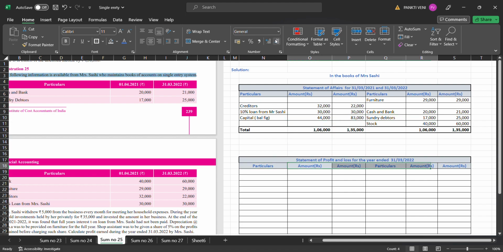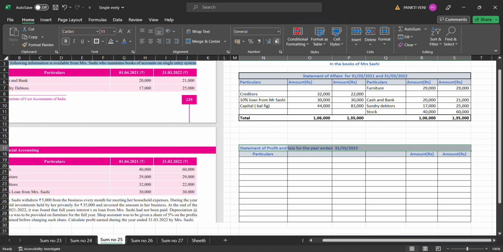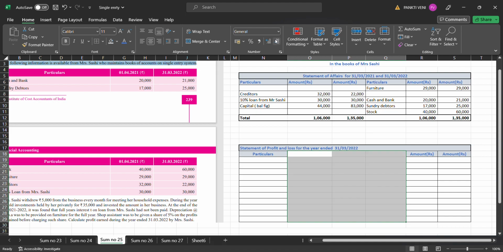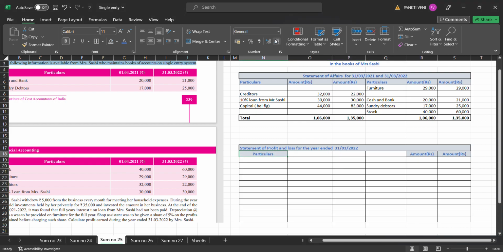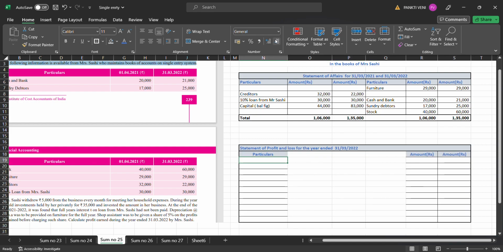Complete this much. Then we'll go for statement of P&L. So I have closing capital.